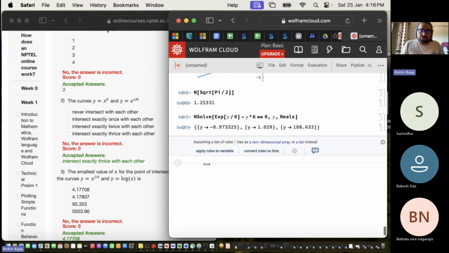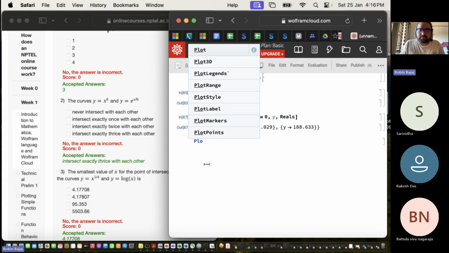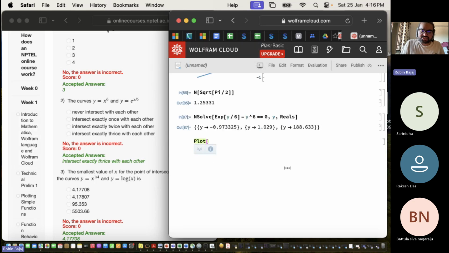Now one could have also seen it by just plotting these two functions, x^6 and e^(x/6), let's say x from minus 10 to 10 first.